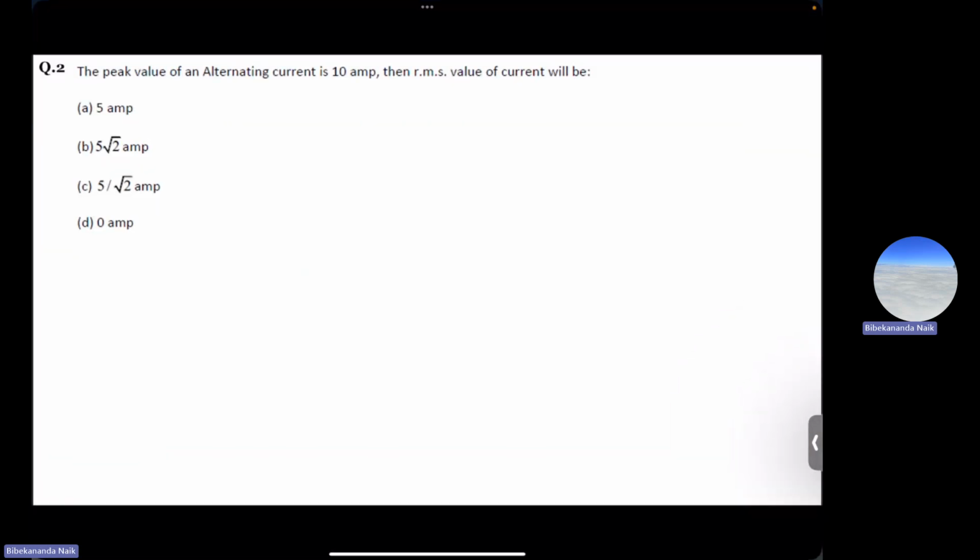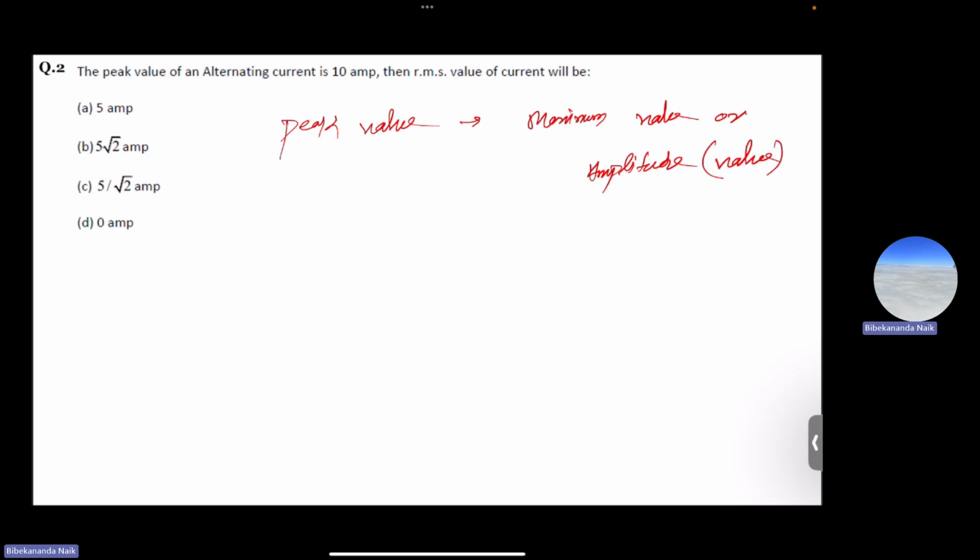So if we discuss, what is peak value? Peak value is basically the maximum value or the amplitude of the signal.